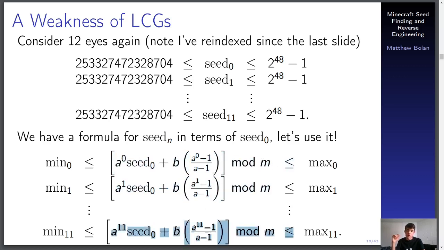So if you treat this entire middle column as a vector, we have now written it as a times x hat plus b hat in this notation down here. And these are just seeds.